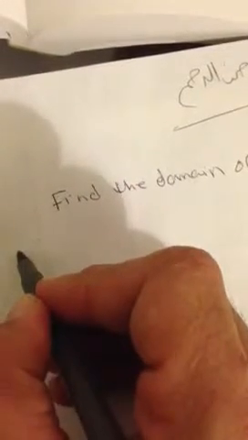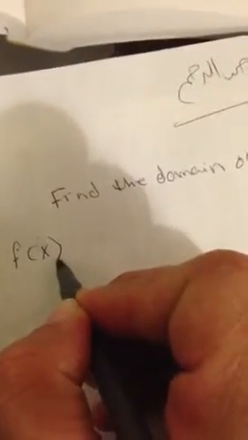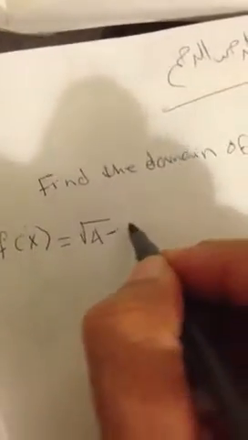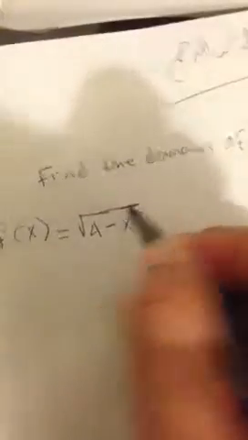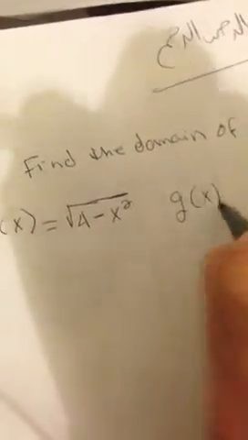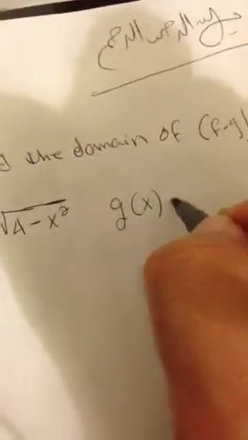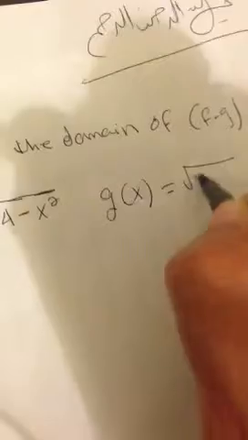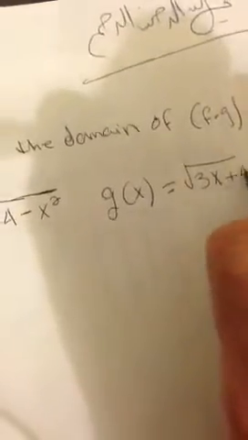And they gave us a problem: f of x equal to 4 minus x squared, and the function g of x equal to the square root of 3x plus 4. Okay, let's do the problem now.